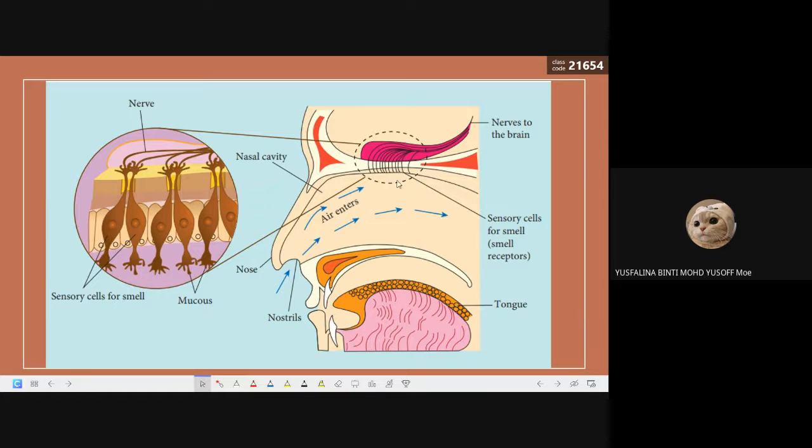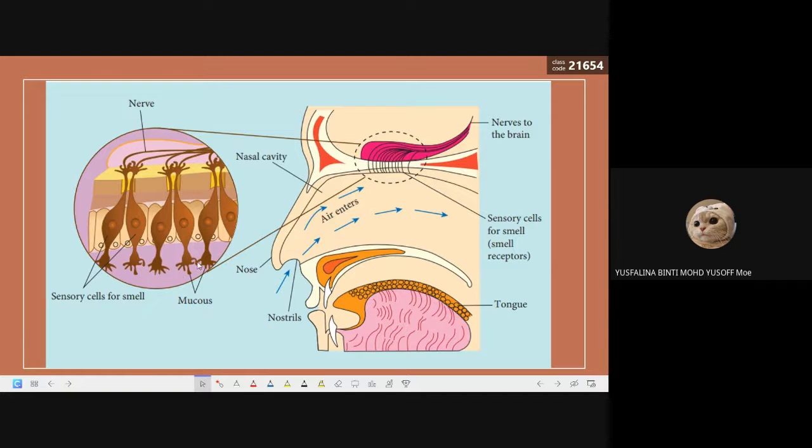Now we make it bigger here. You can see this is a sensory cell, the brown one. Below here, there is mucus on the surface of this one that I showed just now. When you smell something, it's because of the chemical substance in the air.